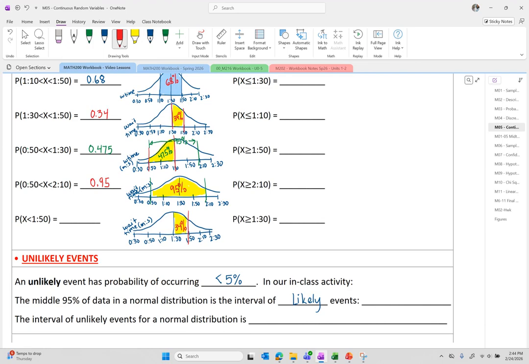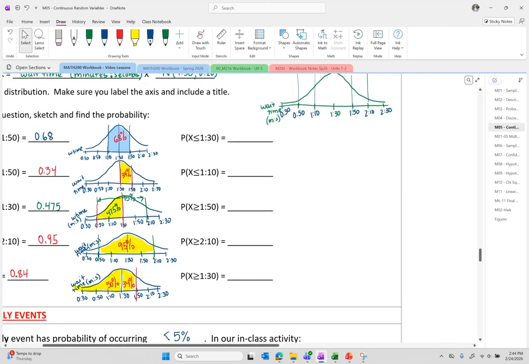And then from the mean to the end of the distribution to the left will be just half of the data, because the mean happens to also be the median. And the median has half of the data less than or equal to its value. So that answer is 50% plus 34%. That will be 84% or 0.84.